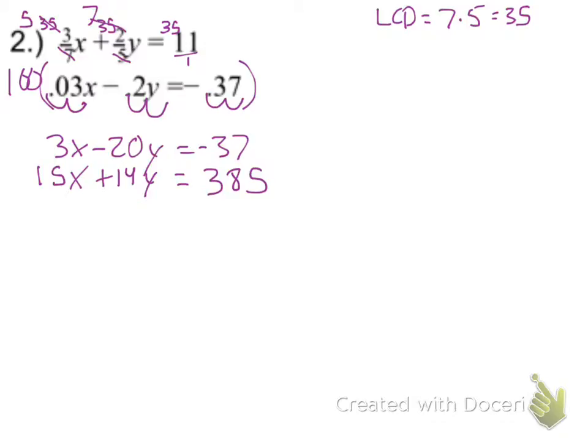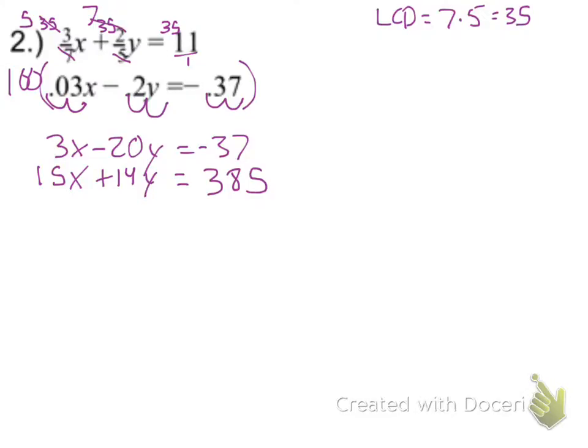We've now created a system of equations that we should be able to solve using linear combination. I think that'd be easier than substitution because there is no variable by itself right now. What would be the easiest thing to do to solve this?